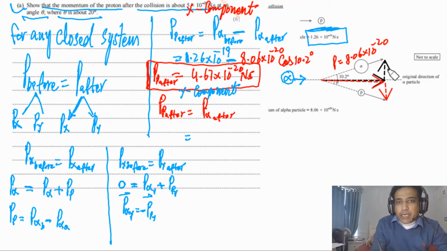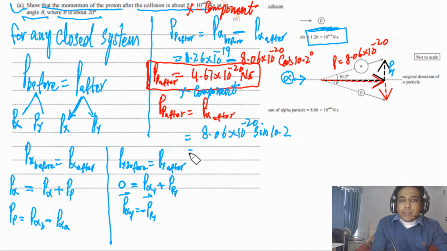So how can we find the y component? This is simply momentum because this is sine. So we will write here 8.06 times 10 to minus 20 sine of this angle, 10.2.